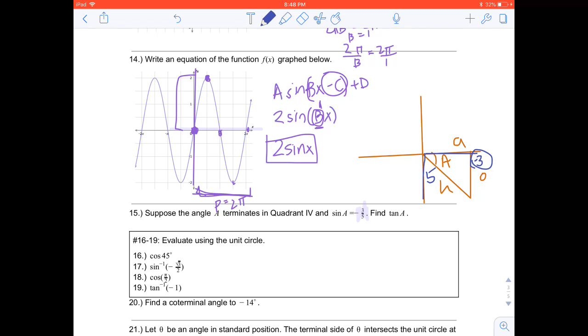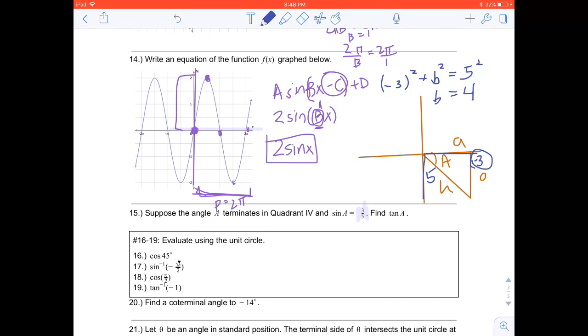Once we have 2 of the sides, we want to use Pythagorean's theorem to find the third side. So we can set that up. Negative 3 squared plus b squared equals 5 squared. And we're going to get b is equal to 4.